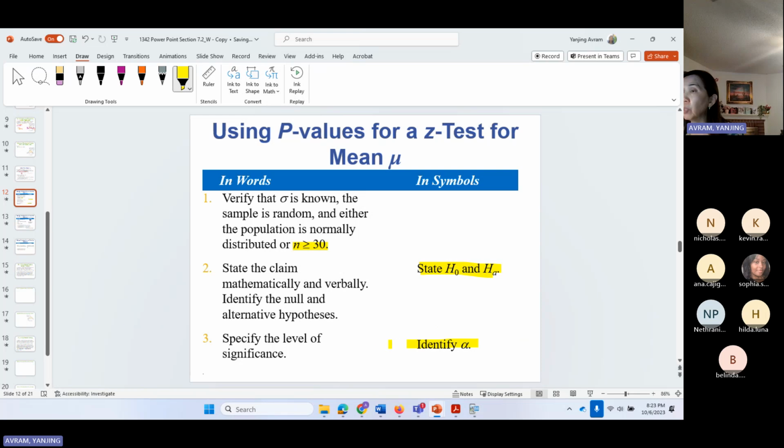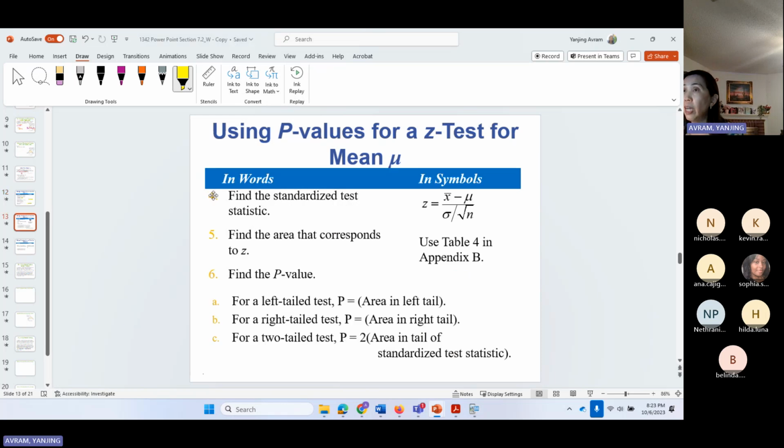Most of the time, the question gives you the alpha value, so you can calculate the p-value and then compare with alpha. Then you use the formula to find the z-score. After you find the z-score, you can find the area, depending on whether this is left tail, right tail, or two tail. So you can find the p-value from table 4.